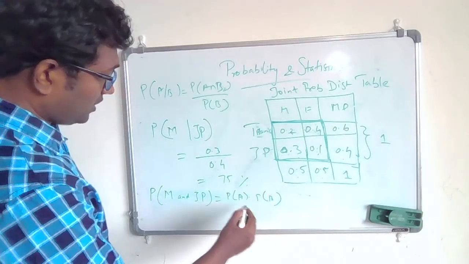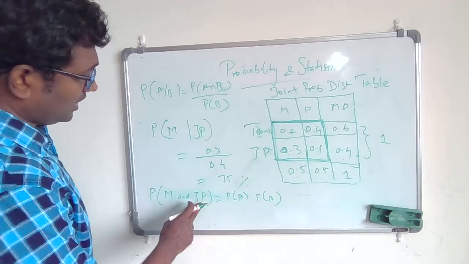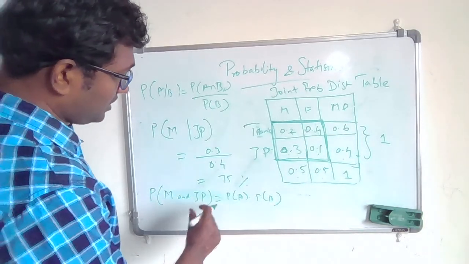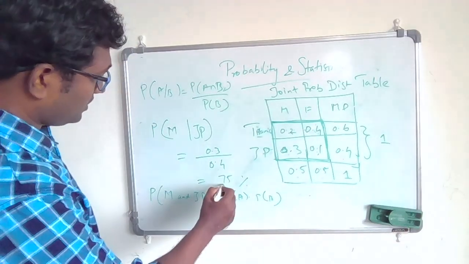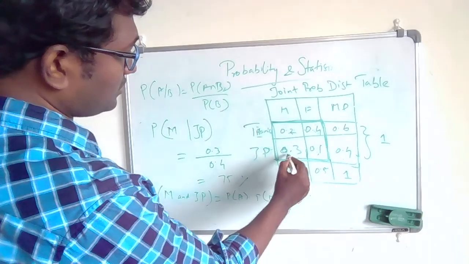We can figure out whether it is true in this case. We are trying to find out whether male and Jurassic Park are independent of each other. We know that male and Jurassic Park is 0.3.